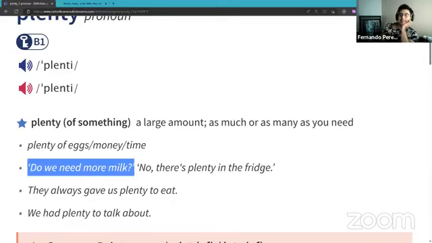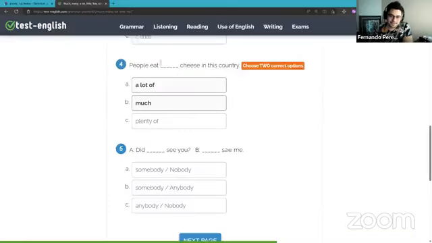Probably I am in the supermarket in this moment, and we say, no, don't worry, there is plenty in the fridge. So it's not because it's a necessity, it's because you have enough. That's the reason. Yeah, plenty of is similar to enough. So let's use A and B. Okay.